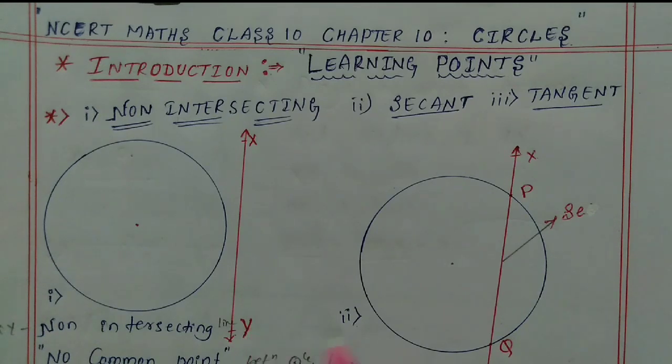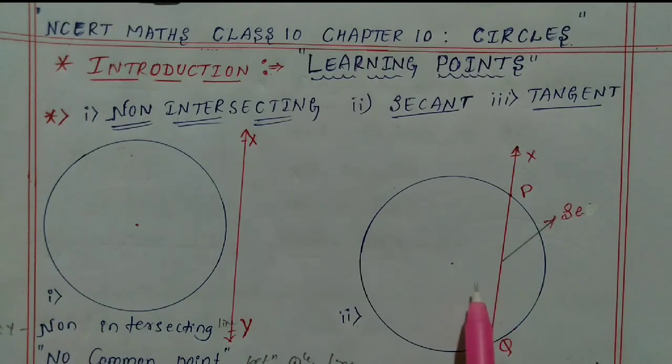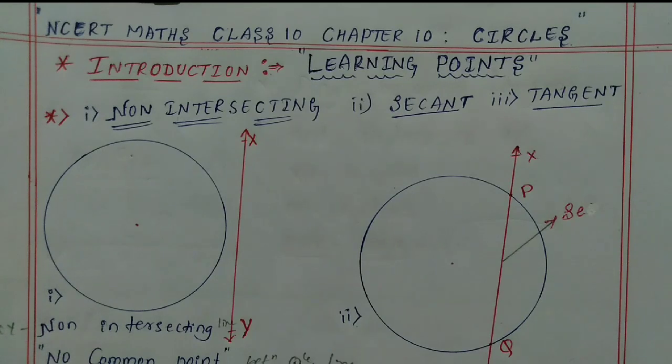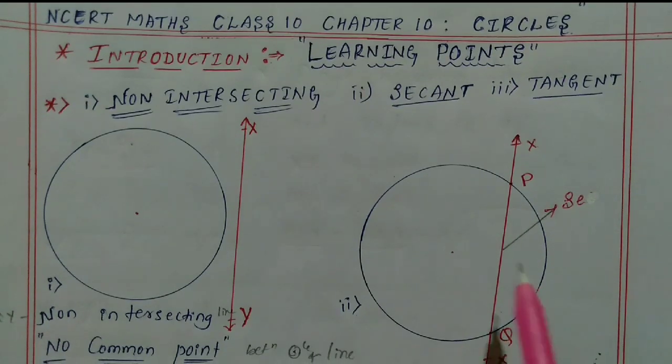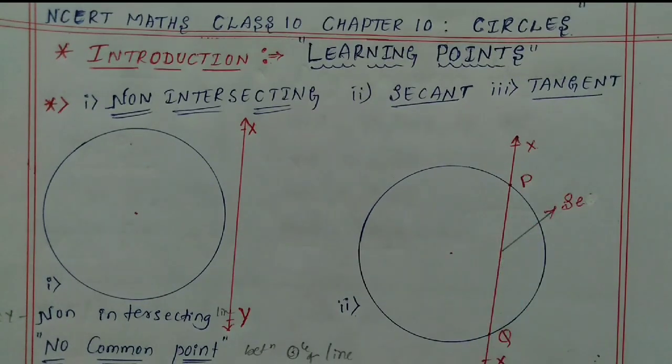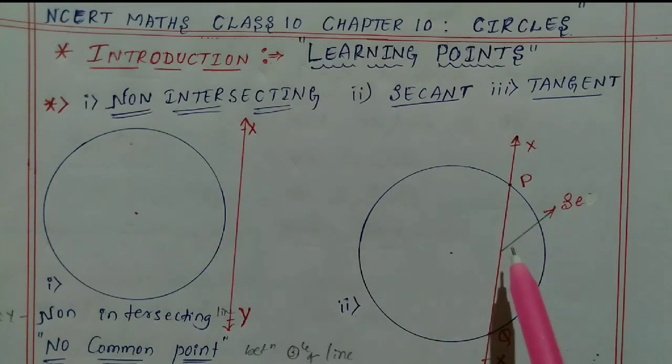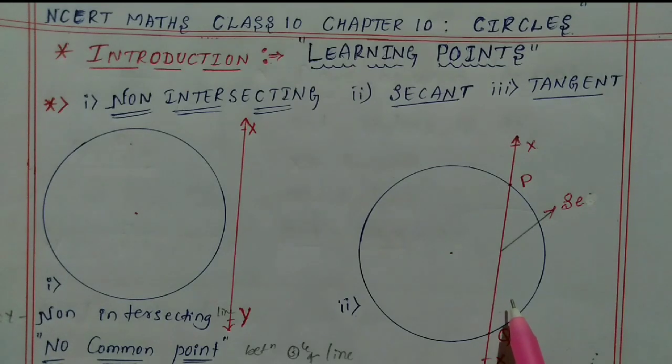Next I will go to the second figure. In this figure two common points are there. This line intersects the circle at 2 points, so this is said to be a secant.